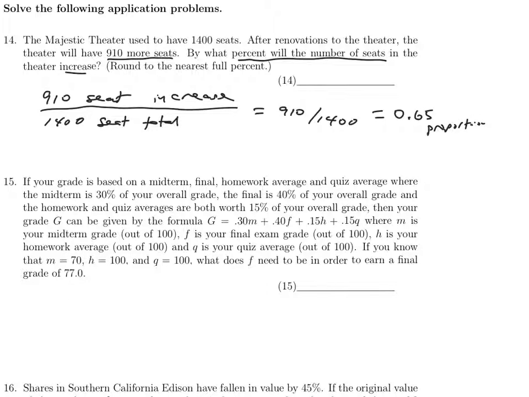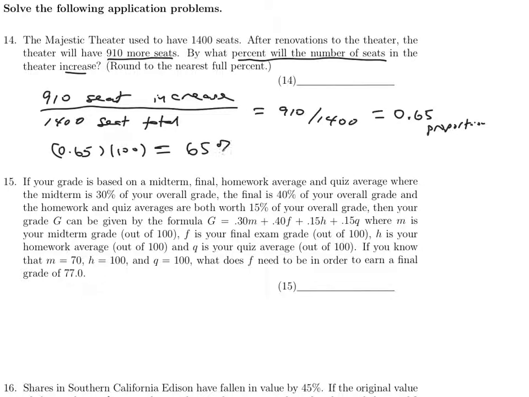A number between 0 and 1 we refer to as a proportion of the total seats that our increase accounts for. And then to change that into a percentage, we just multiply by 100. And it's always by 100 to convert from a proportion to a percent.